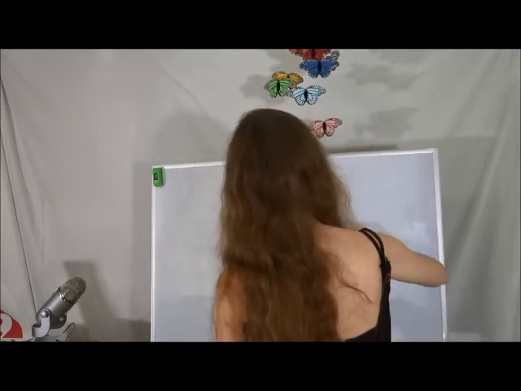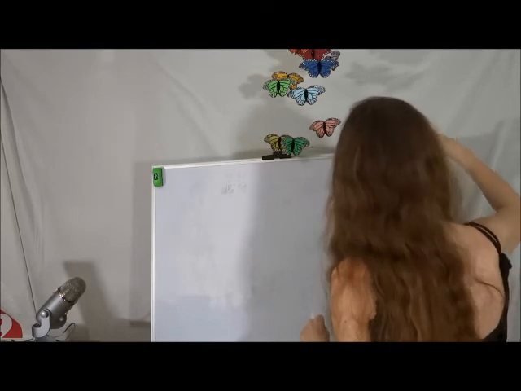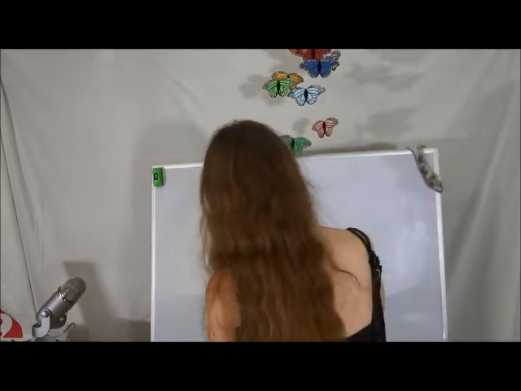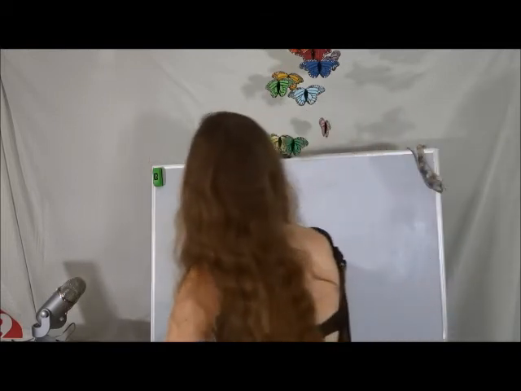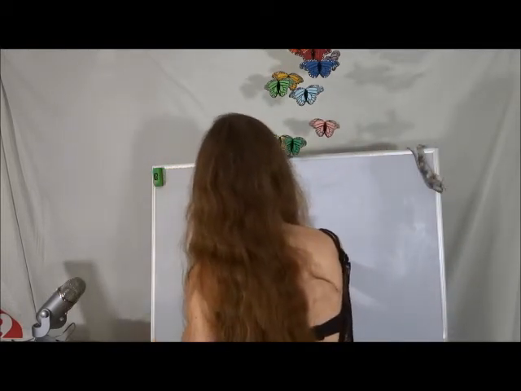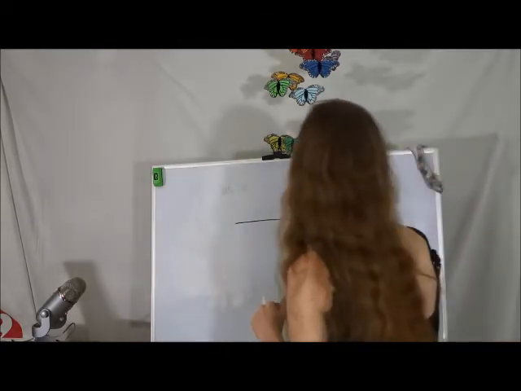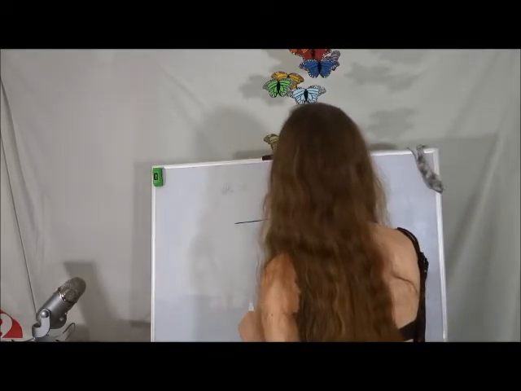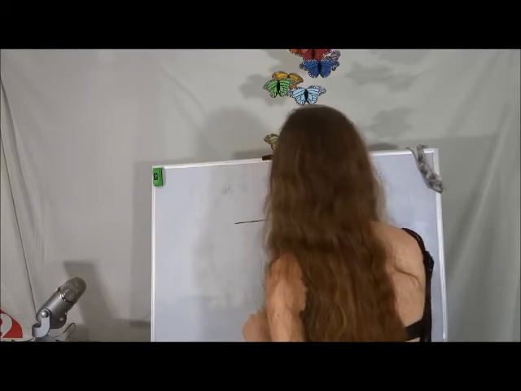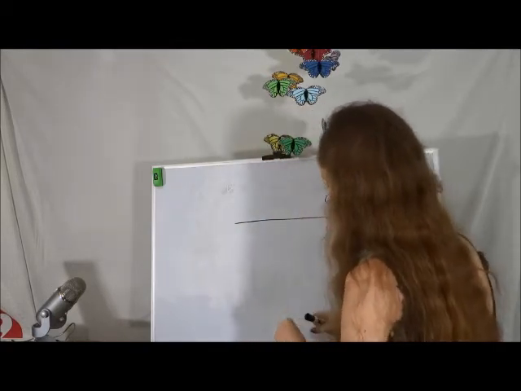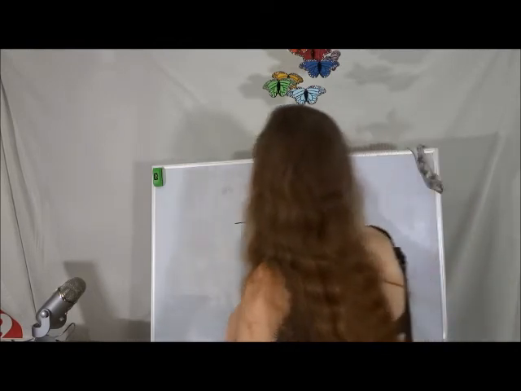Let's suppose we have a glass prism. Up here we have air, and then down here is our glass prism. And so we have our light. It's going to come in.